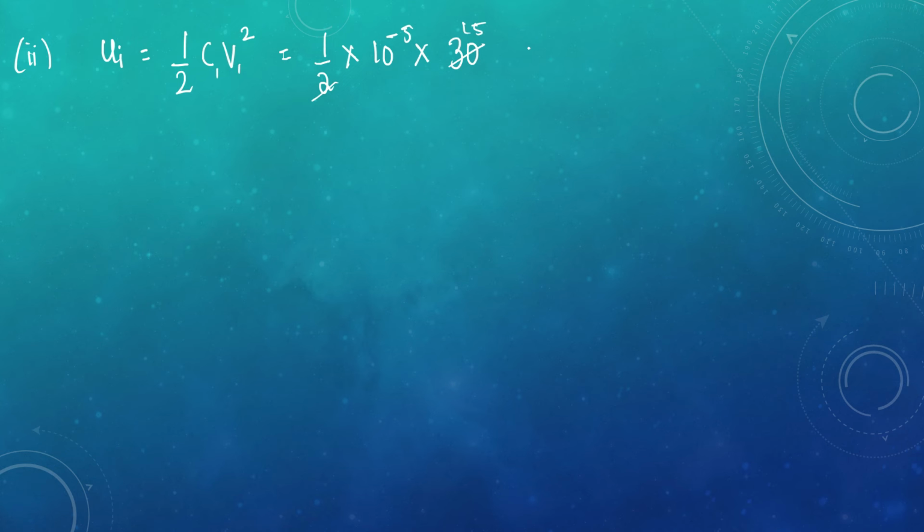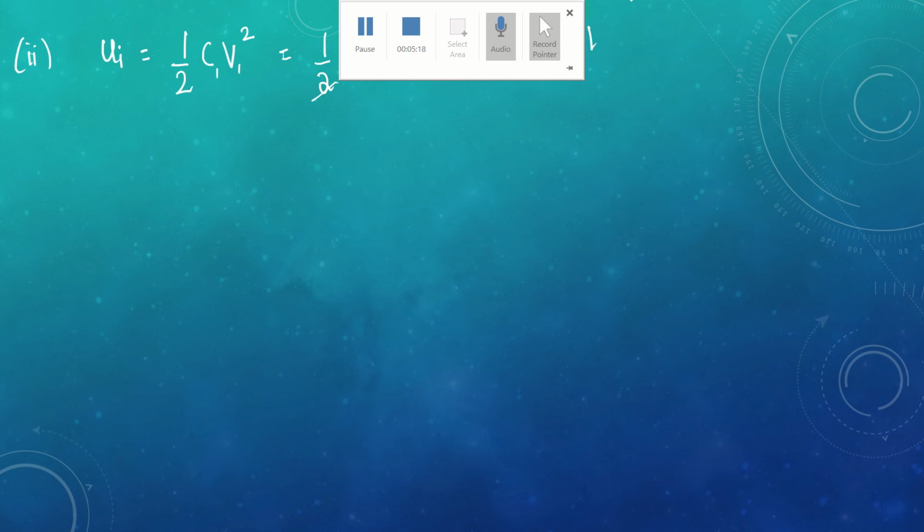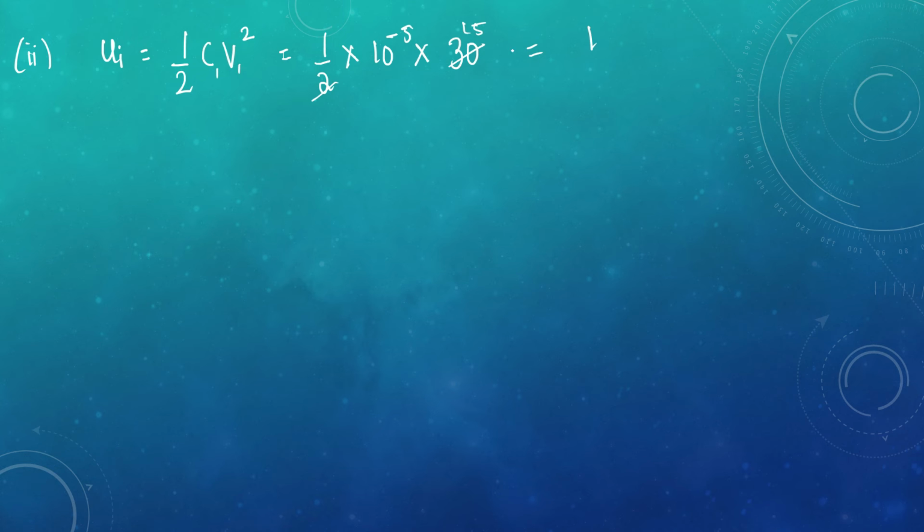So Ui is 15 into, sorry, I made a mistake here, into again 30. So 15 threes are 45. So 45 into 10 raised to minus 4 joules. This is Ui, U initial.